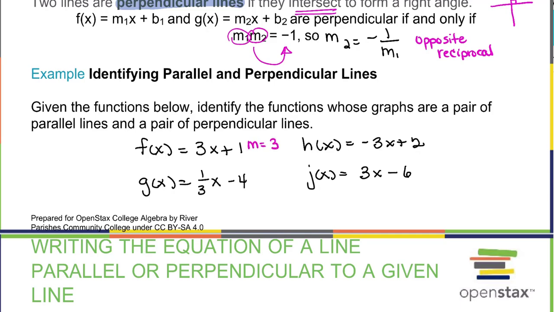The slope of f of x is 3, and the slope of g of x is 1/3, and the slope of h of x is -3. Remember, slope is the number in front of x. And the slope of j of x is 3.